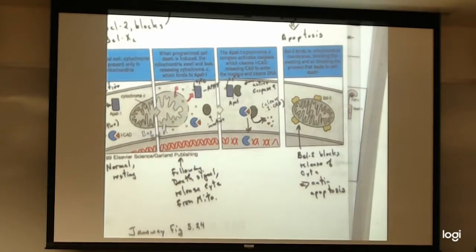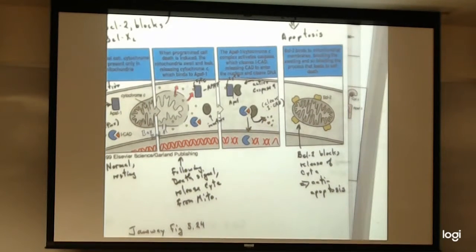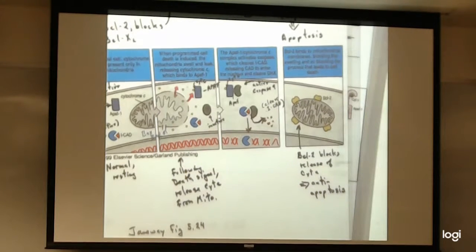There's a bunch of proteins that will do this kind of thing. It turns out that BCL2 and BAX can form heterodimers. When BCL2 is bound to BAX, BAX can't do anything, can't cause mitochondrial permeabilization. Usually you have a little excess of BCL2 over BAX inside of a happy cell.